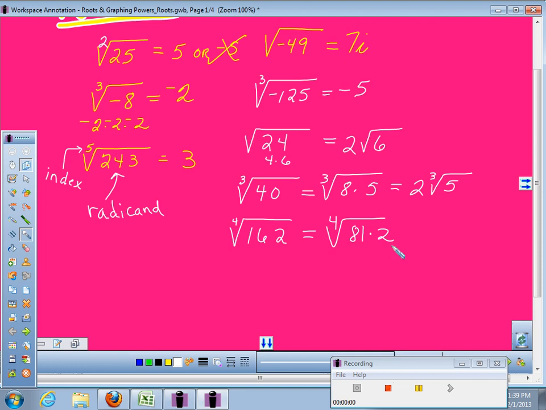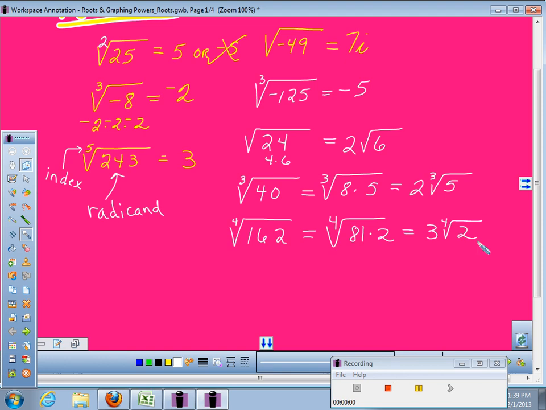What do you get when you take out the 81? 9? No, 3. You get 3, because you have to ask what times itself 4 times makes 81. Our habit is, we all know 9 squared, so we want to pull a 9 out. But it is the fourth root, so 3 to the fourth is 81. You have to pull the 3 out, and you're left with the fourth root of 2 on the inside.